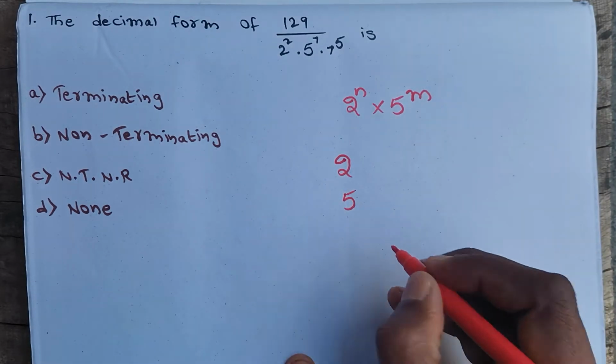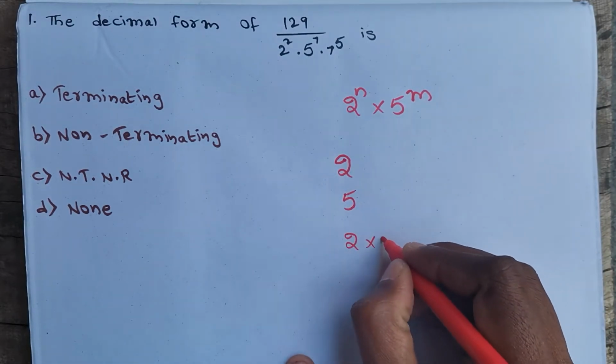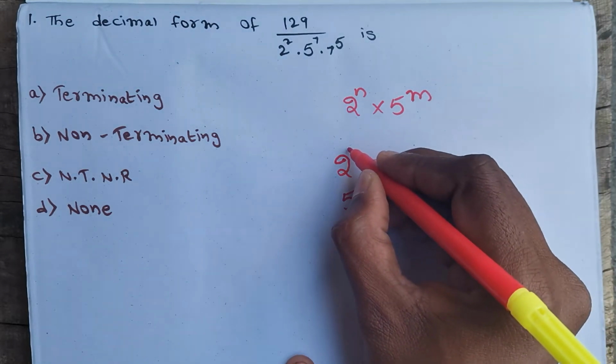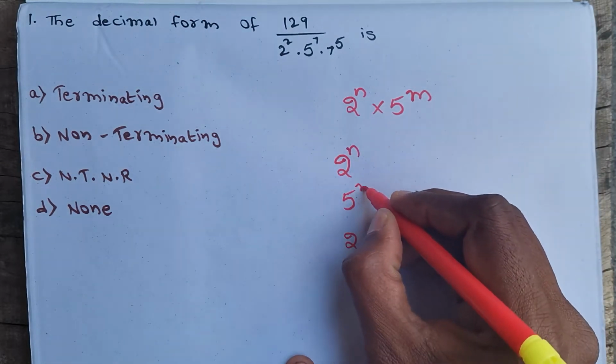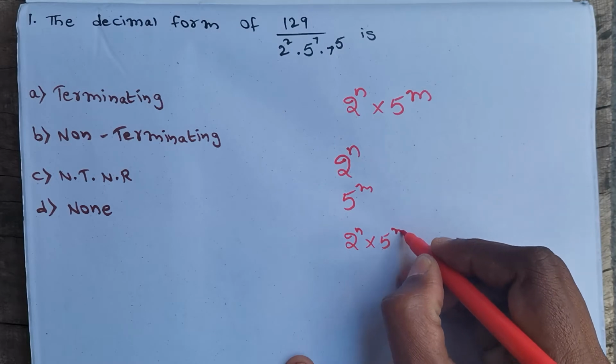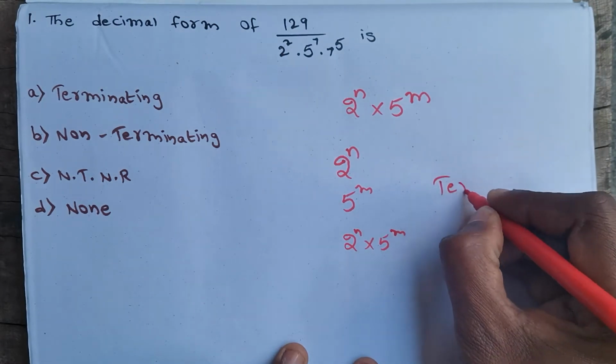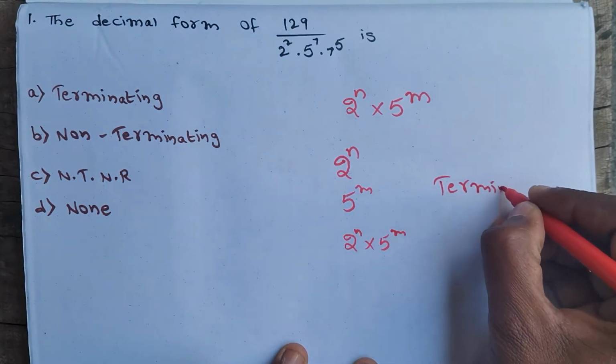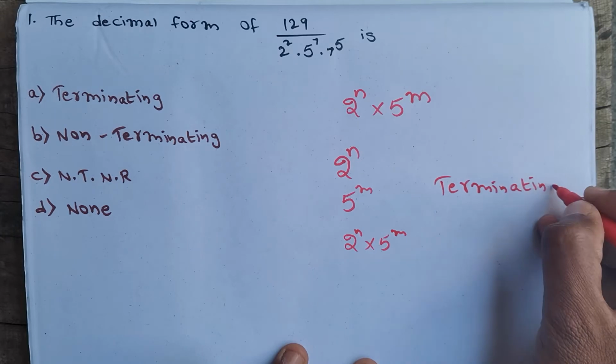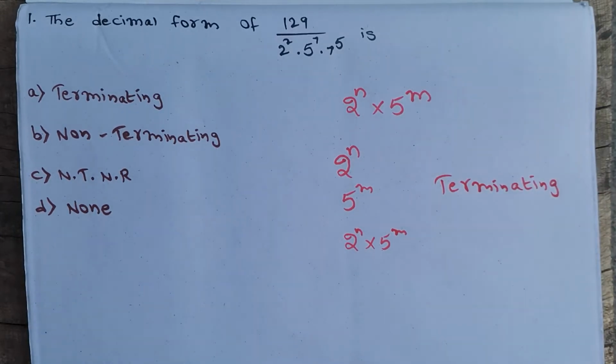So if I make it simpler, the denominator should contain only 2, or only 5, or else 2 into 5. The power may be anything, whatever it may be. If the denominator contains only 2 power something, or only 5 power something, or only 2 power something into 5 power something, then only it has a terminating decimal. Otherwise, non-terminating repeating.